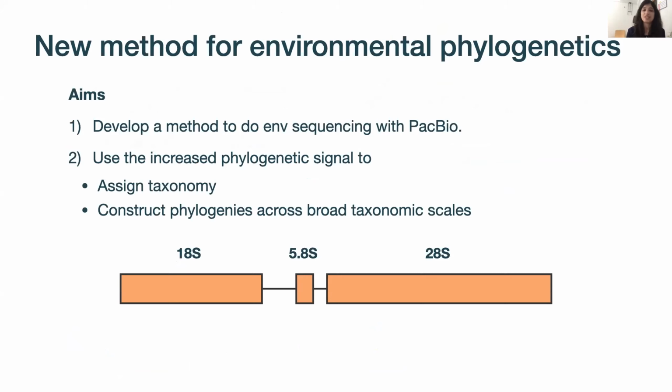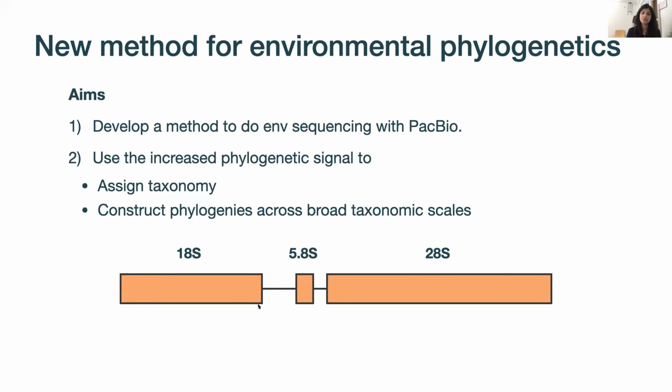So this brings me to our project. And our aim here was to develop a method to do environmental sequencing with PacBio. And we wanted to sequence not just the whole 18S, but almost the entire ribosomal DNA operon.